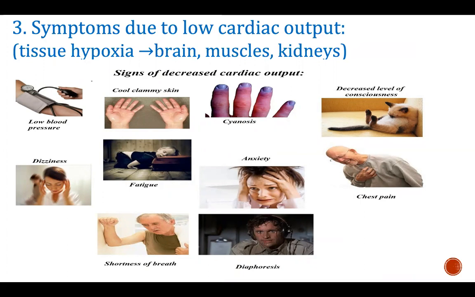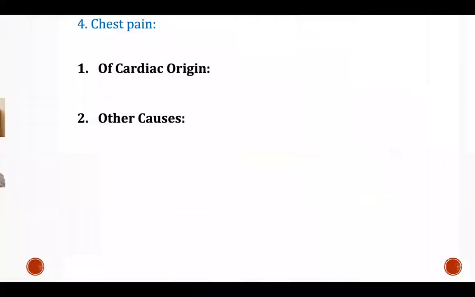Brain, muscles, kidneys. So that's why those symptoms will happen. What will happen if there's low cardiac output to these organs? There will be easy fatigability, cool, clammy skin, low blood pressure, dizziness, or even chest pain, or someone will feel like I'm about to faint as well.